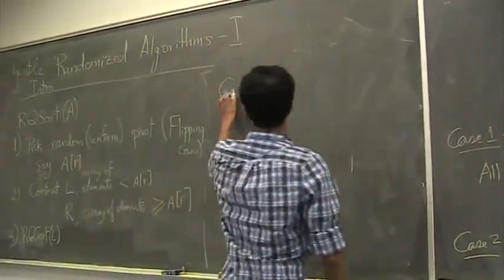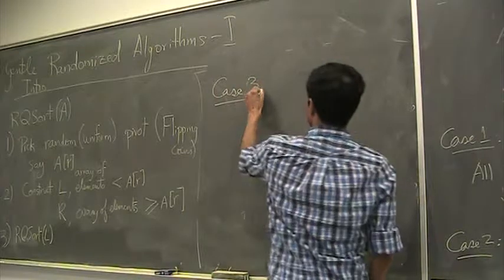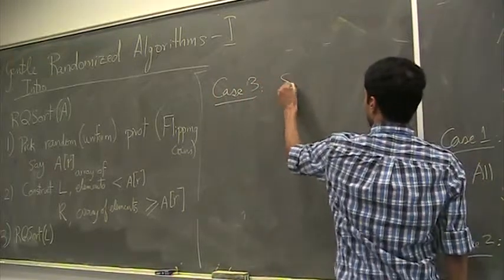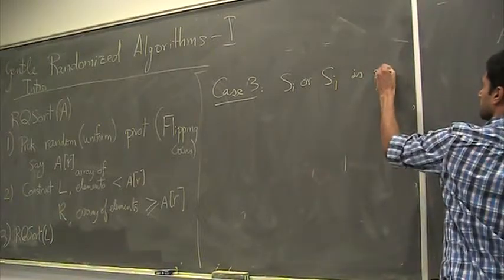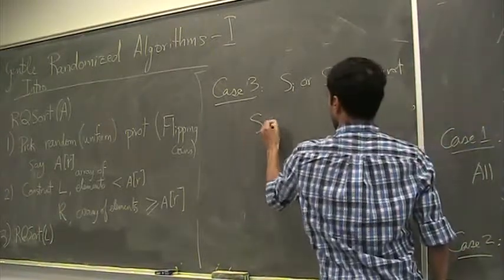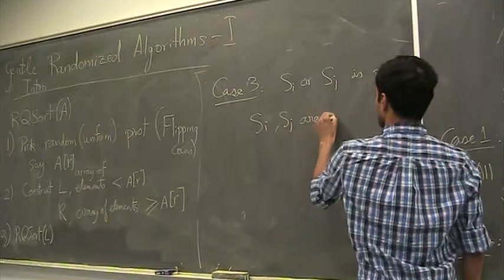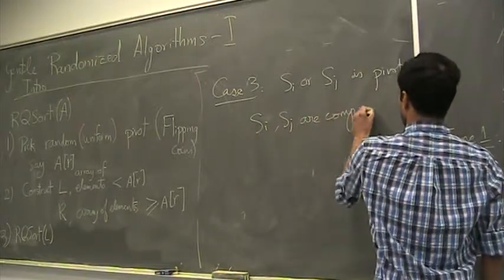And case 3 is that Si or Sj is the pivot, which means Si, Sj are compared.